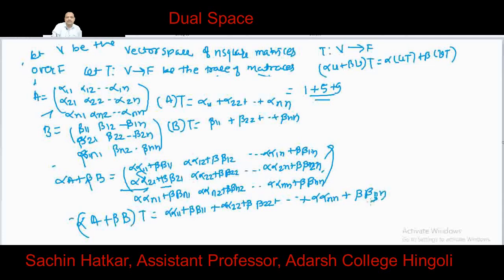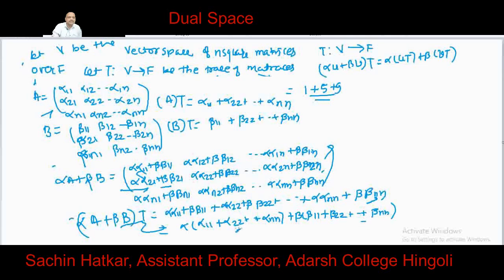Now taking alpha and beta as common terms, we get alpha times (alpha 11 plus alpha 22 plus up to alpha nn) plus beta times (beta 11 plus beta 22 plus up to beta nn).